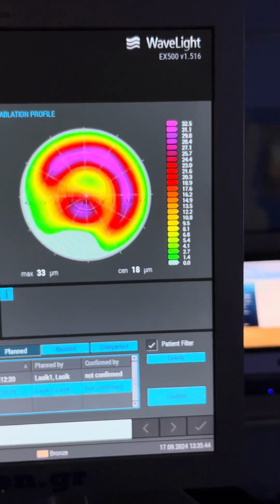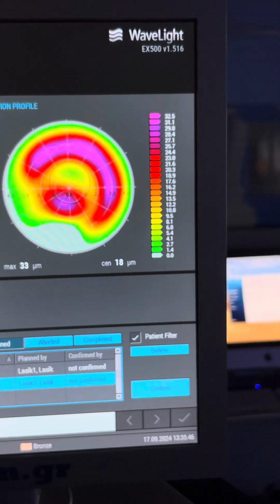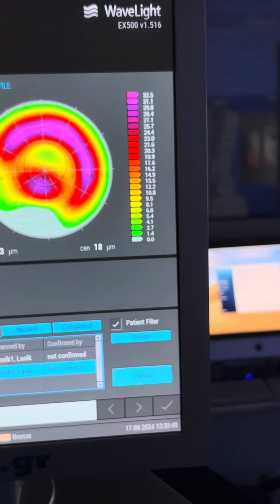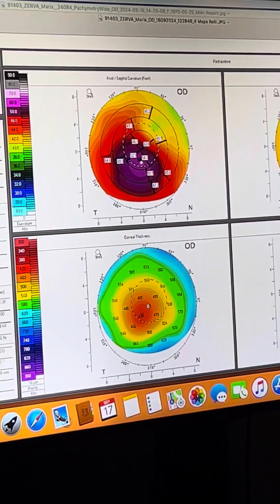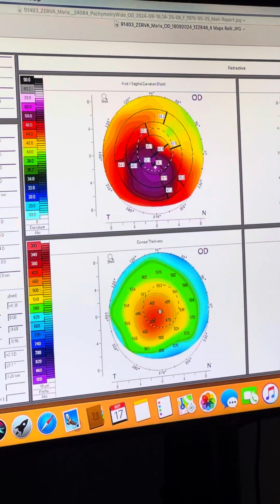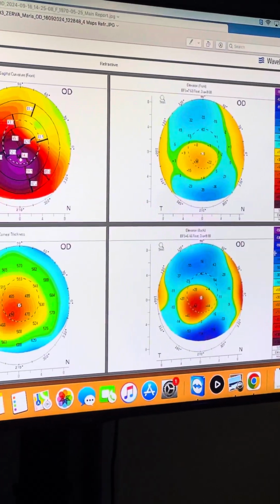I'll try and jump into the Pentacam of this case so we can correlate a little bit better. There we go. So this is the Pentacam of the case. We correlate a little bit better the astigmatism, the thinnest part of the cornea, and anterior posterior elevation.